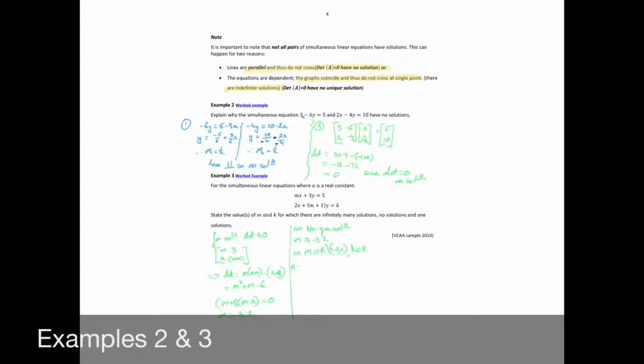What about for no solutions and infinite solutions? We need to check the values first. So let's put m equal to -3 or 2 and try to find an appropriate k value so that the y-intercept is different, because if the y-intercept is different, we have parallel lines.